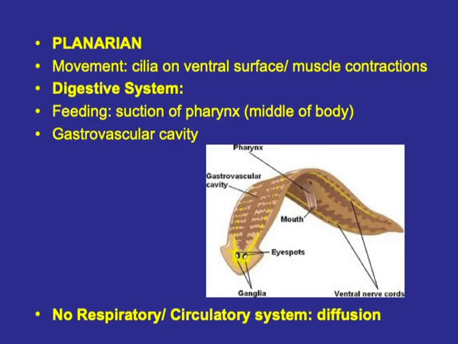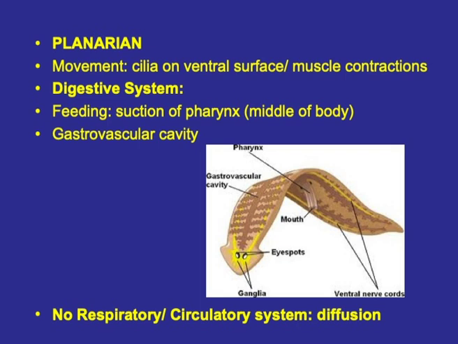These planarians move using the cilia present on the ventral surface or through muscle contractions, and they take up food through a sucking action by the pharynx, which is in the middle portion of the body. They have a gastrovascular cavity, but there is no circulatory or respiratory system.